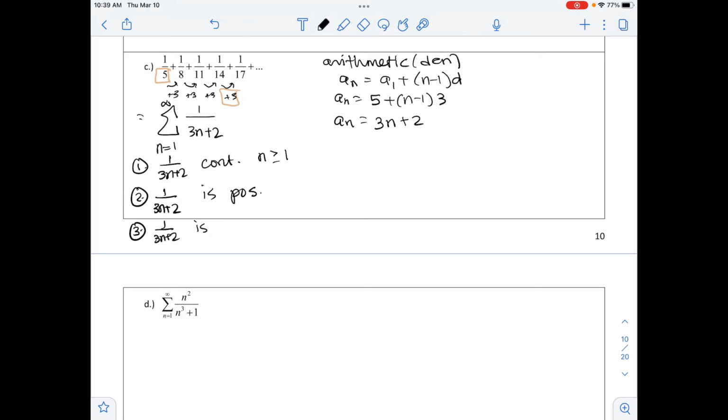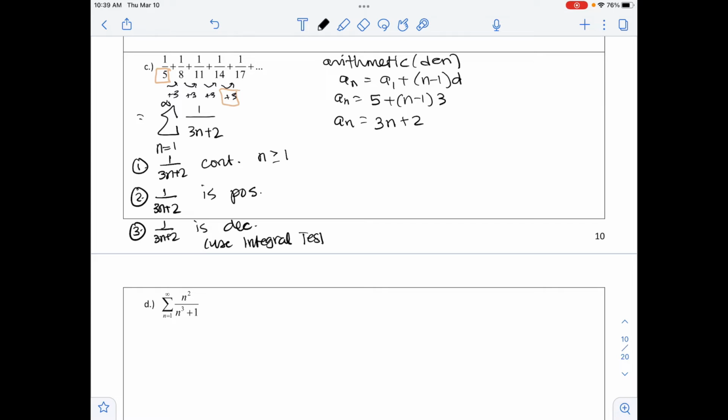So this one is easy to tell that it is decreasing. Those values are getting smaller as we go. And if you were unable to tell, you could also use that first derivative test and show that it is decreasing. And so since all three of these conditions are met, that means that we can use the integral test.